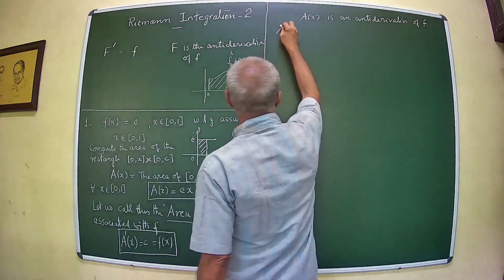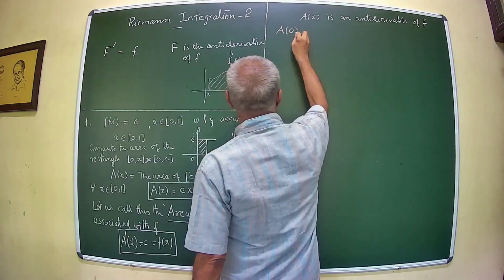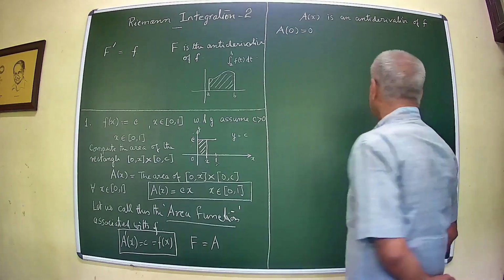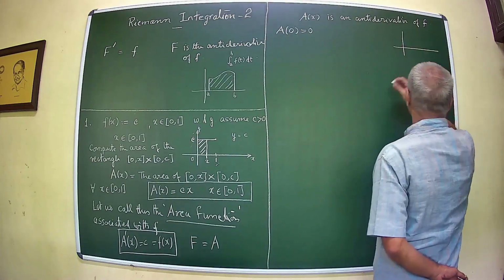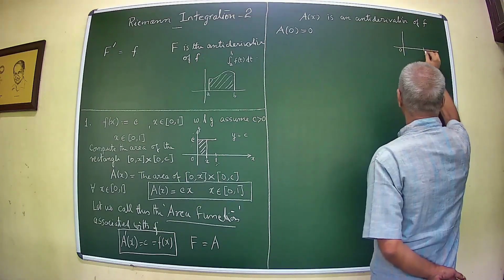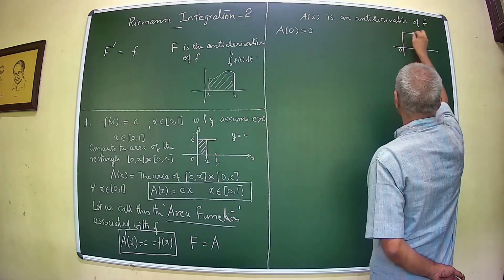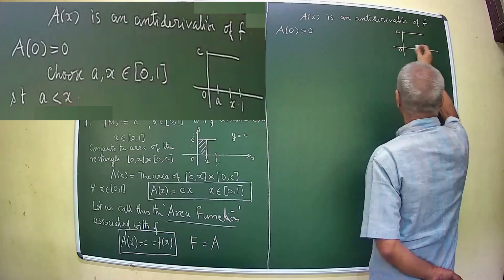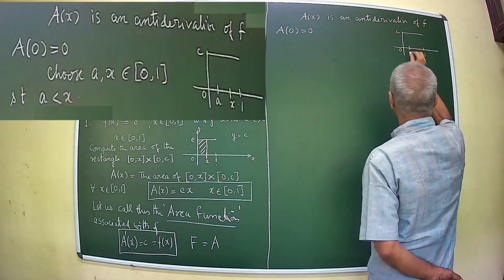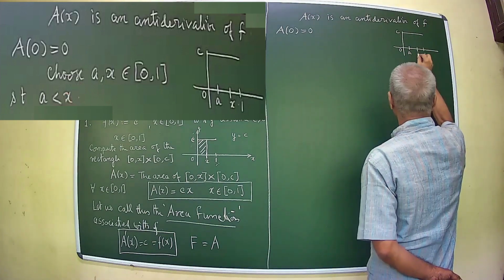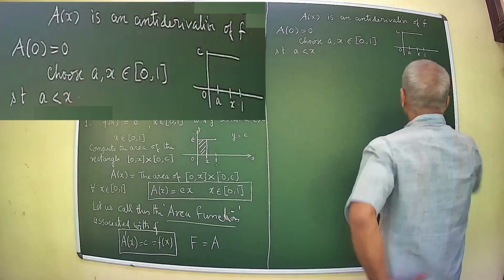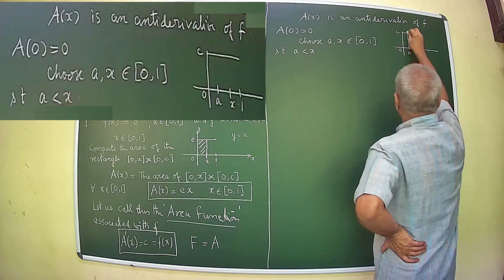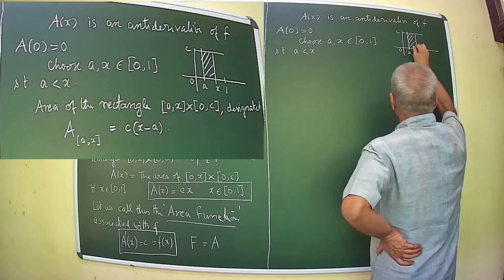You also observe the following. A(0) equals 0. Now look at it more generally. On the interval [0,1], the same problem with f equal to c, but we choose two points a and x, and now compute the area of the rectangle.